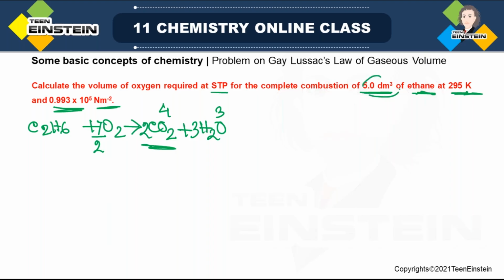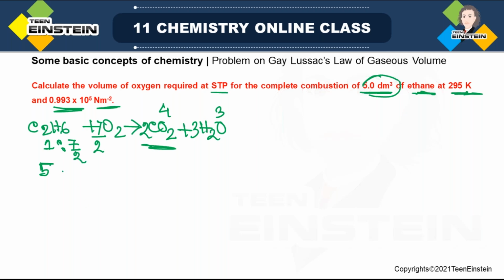Now here 5 dm cube is the volume of ethane. So if it is 5 dm cube volume of ethane, then the corresponding volume of oxygen you can easily find. When it is 1, the corresponding amount is 7 by 2.